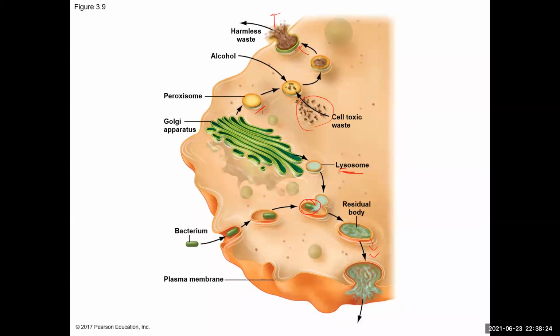And then the blood can pick up those wastes and take them to our kidneys or our liver, depending on the type of waste it is, and it can clean it out of our body.